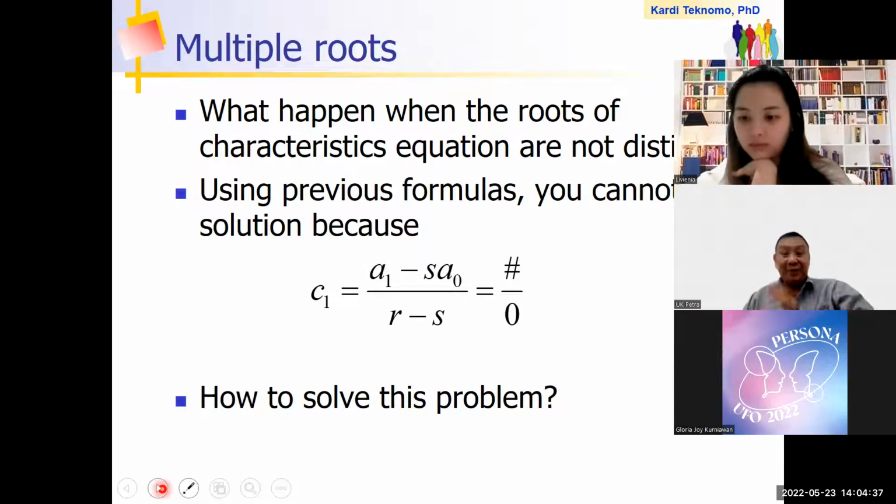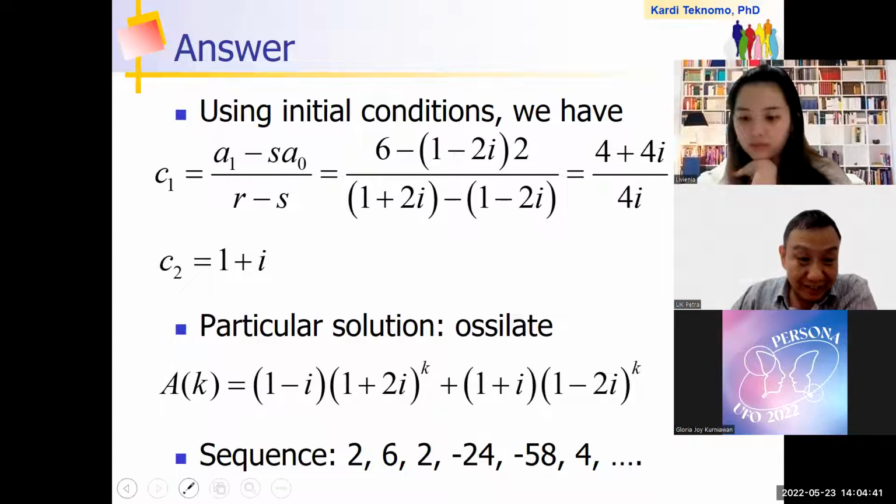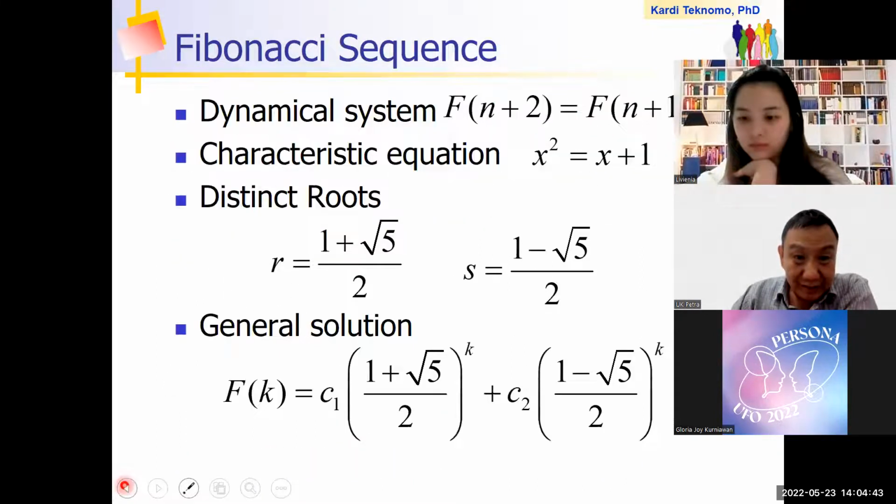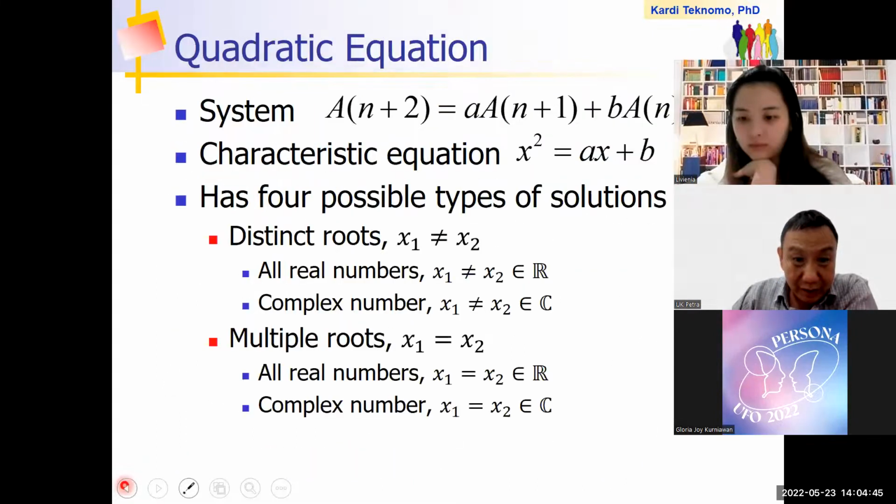Now, the second part. I mentioned earlier, if I have this system equation of second order, it has four possible types of solution.